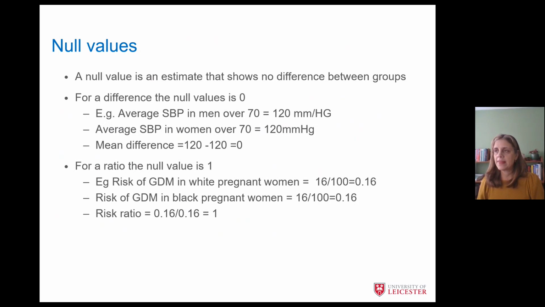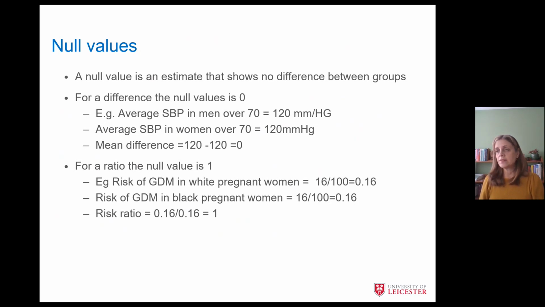So for example, if we think about systolic blood pressure in men over 70, we've taken a sample and we've found that the average, the mean value was 120. And then we've done the same in a group of women, and we've also found that the mean systolic blood pressure is 120.